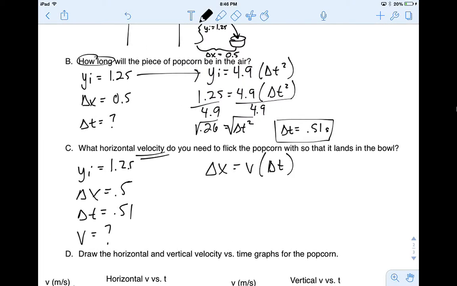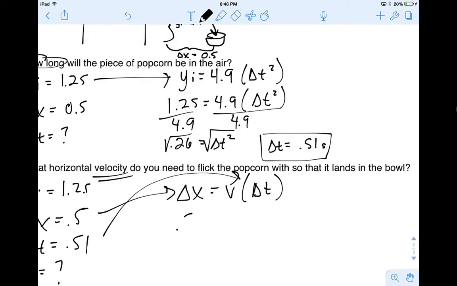I plug in delta x and delta t, so 0.5 equals v times 0.51.